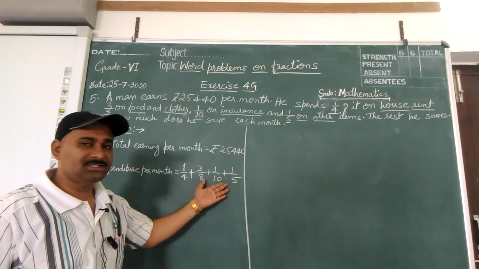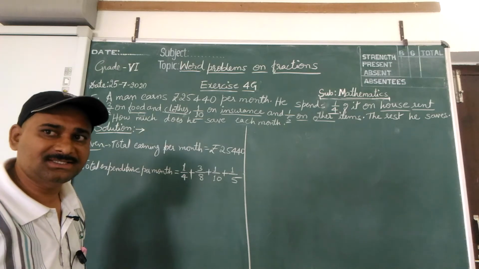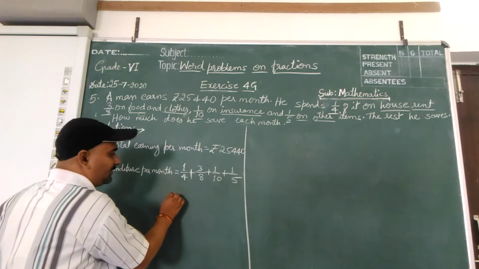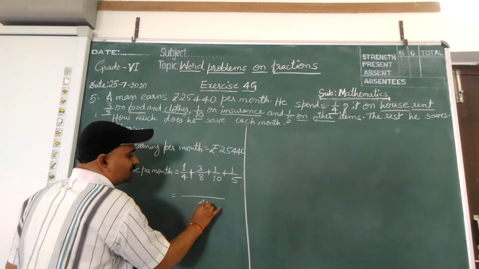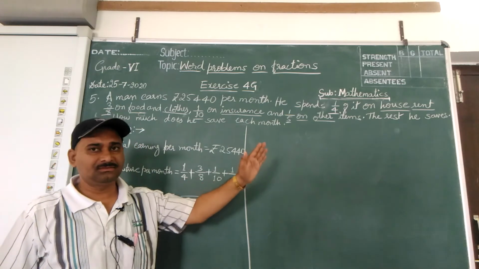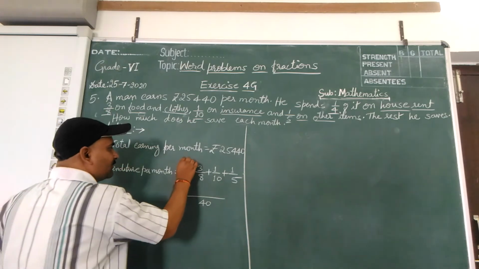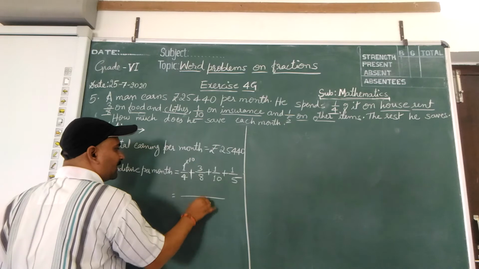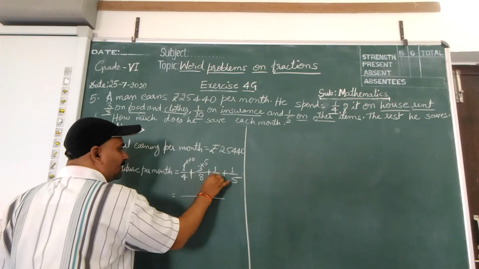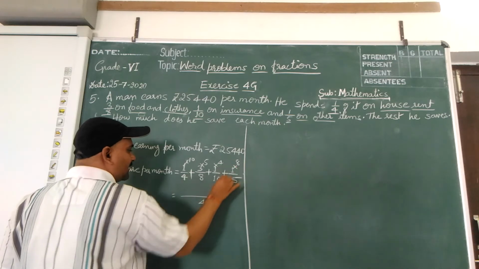How do we add these fractions? They have different denominators, unlike fractions, so take the LCM. In the rough, write the numbers 4, 8, 10, 5, take the LCM, and you will get 40. So 4 tens are 40, 8 fives are 40, 10 fours are 40, 5 eights are 40.